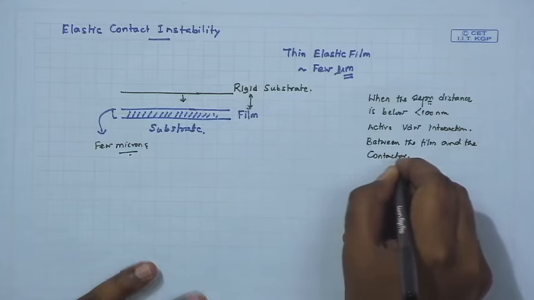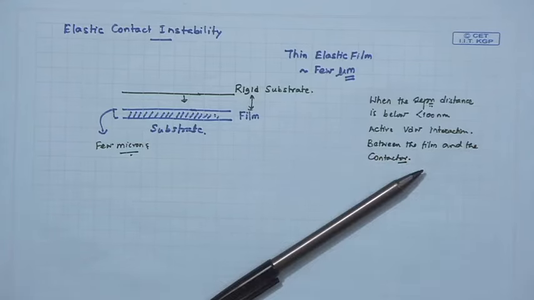Just the way in the context of an AFM, your tip was chosen to be of a cantilever which is soft enough to deform to van der Waals forces, it turns out that these soft elastic films are also adequately soft and they deform subjected to these van der Waals forces. Now, what are we seeing? We are seeing the van der Waals interaction of two objects through air.